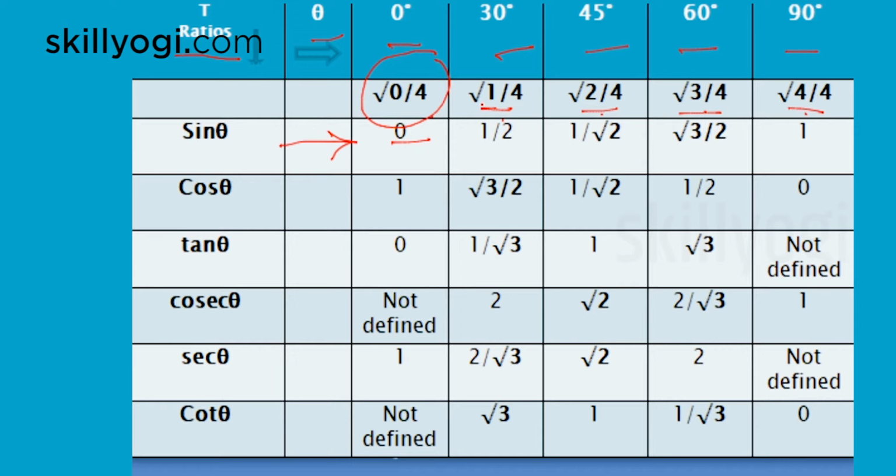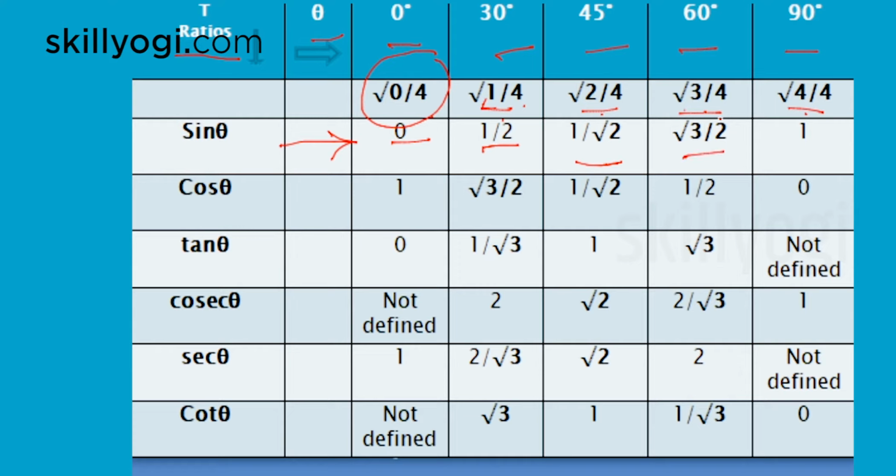Next, square root of 1/4, this will be half. That is the value of sine 30 degree. Next, square root of 2/4, that is 1/√2, and this is the value of sine 45 degree. Next, square root of 3/4 is equal to √3/2.